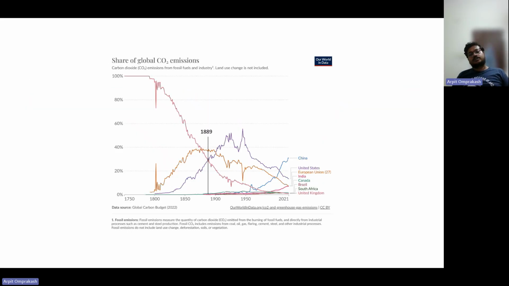Then what we have here is again the share of global carbon dioxide emissions. So how much carbon dioxide is emitted globally, right, from the fossil fuels and from other industries. We see that this is divided across according to the countries broadly. We see that the United Kingdom has around 100% of the global emission in 1750, and then it drops down significantly. Initially, it was 100% there because that's where the industrial revolution and heavy machinery started operating.